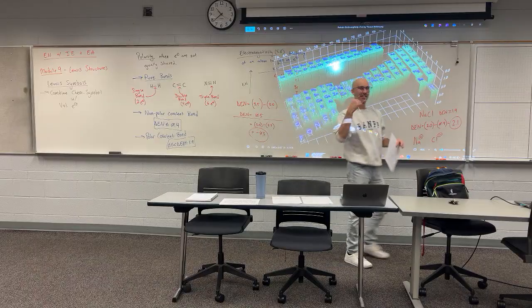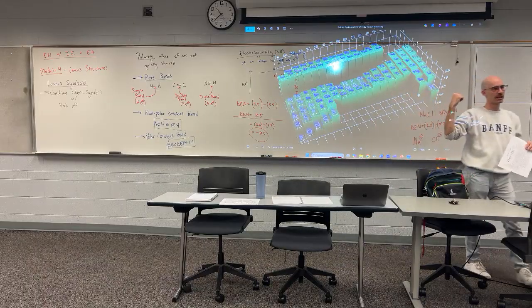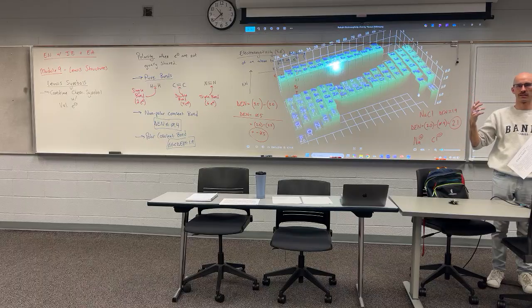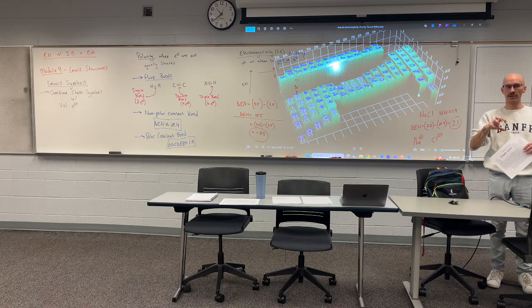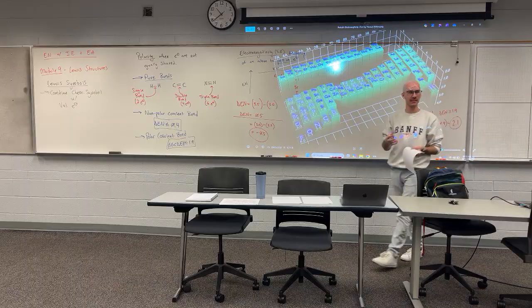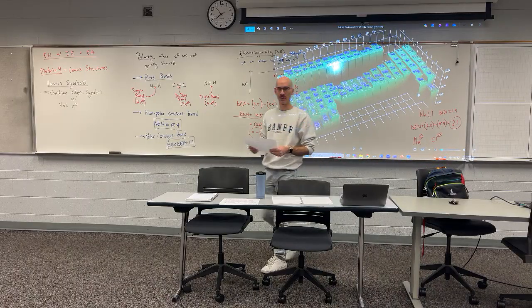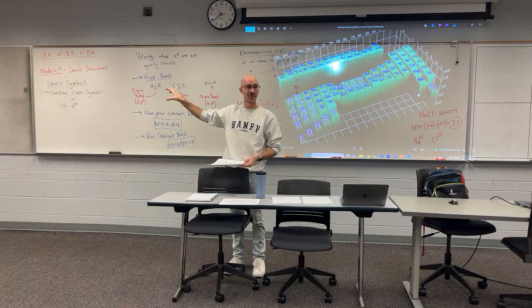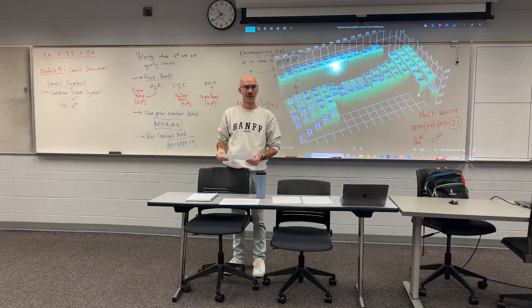Does anybody remember what valence means? I talked about it last week. It comes from the Greek for powerful, because the core electrons are not doing any of the chemistry. It's the valence electrons that do chemistry. That's why Lewis structures only look at valence electrons. The core electrons are not doing anything.